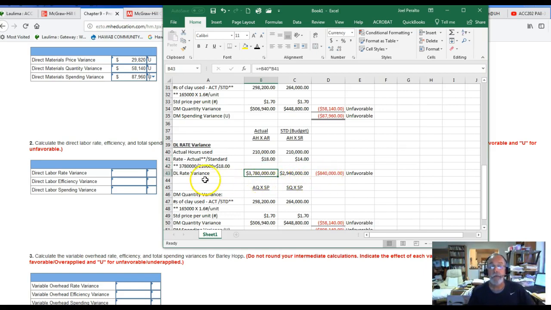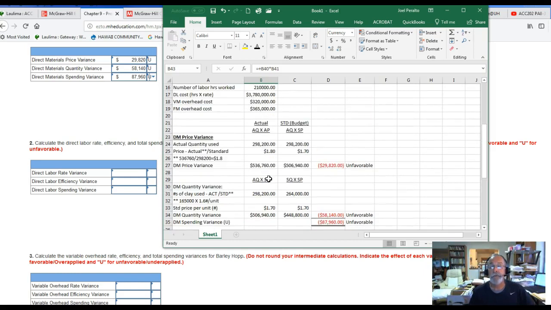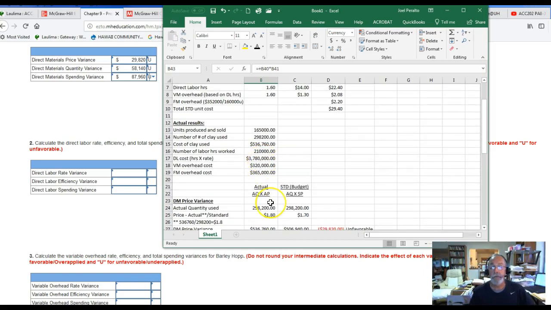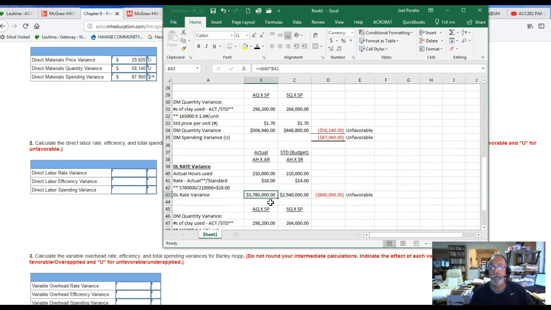And so our actual hours times actual rate, 3,780,000, which is what was given in the problem, versus actual hours times standard rate of $14, which should have been 2,940,000.